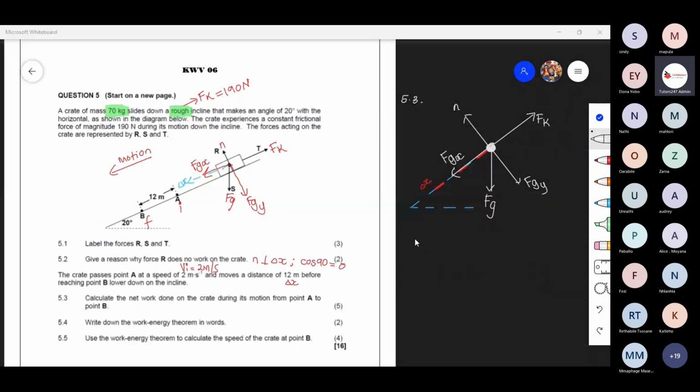So let us start. In order for us to calculate work net, we need to first calculate the work done by each individual force. So the work done by kinetic friction, the work done by FGX, the work done by normal force, and the work done by FGY.